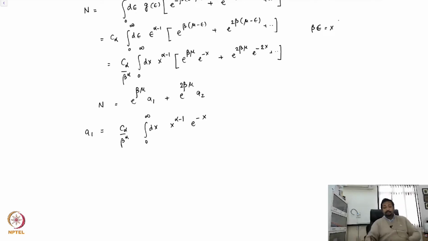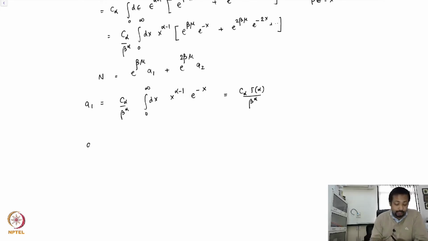Now this integral is well known, and this integral is gamma(alpha), so that I have a1 as C_alpha gamma(alpha) raised to the power beta alpha.